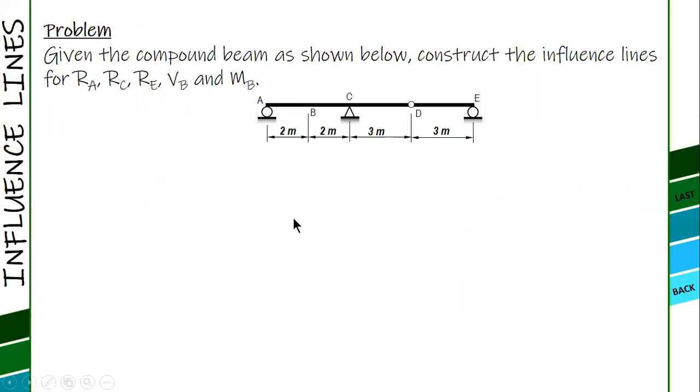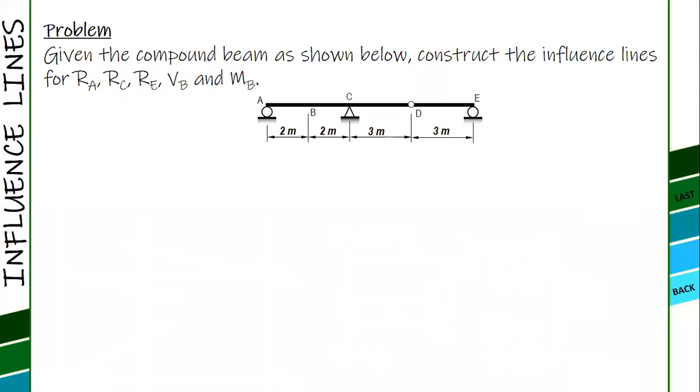Okay, the next one is a compound beam. Compound beam. So duha ka beams, EBCD, and another beam, DE, connected by a hinge at D. Okay.